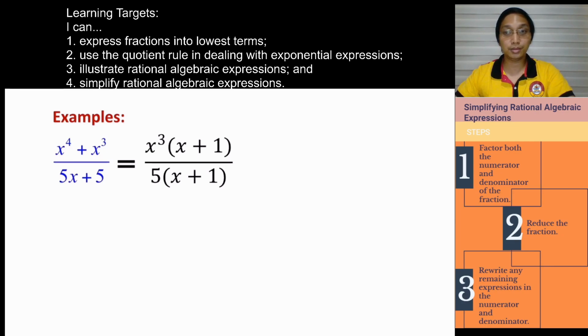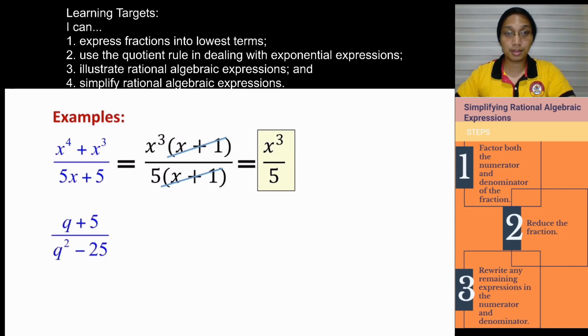Step 2, reduce the fraction. I cannot reduce x cubed anymore. I cannot reduce 5 also. So I can reduce your x plus 1 over x plus 1, which is just simply 1. Now rewrite everything that's left in your expression. So I'm left with x cubed over 5.